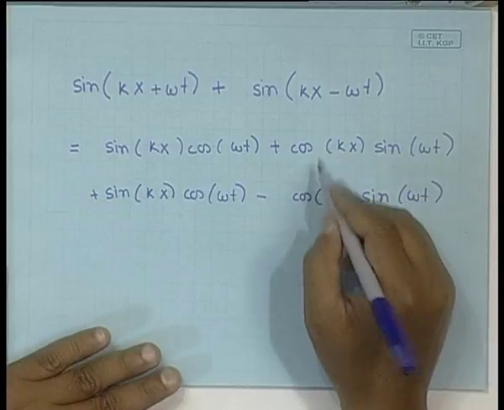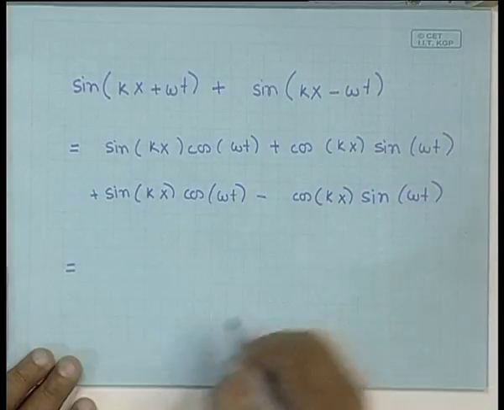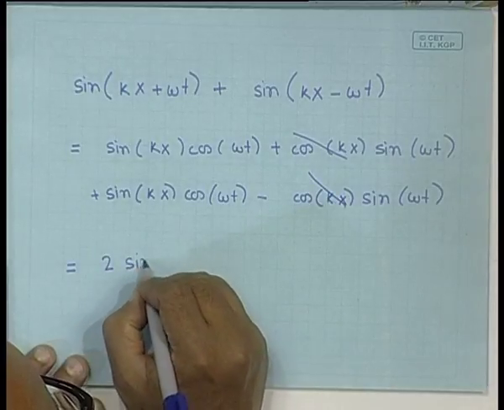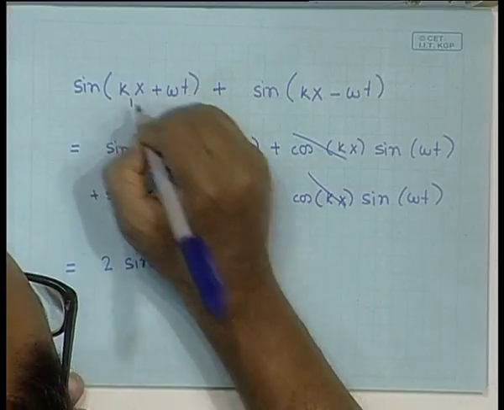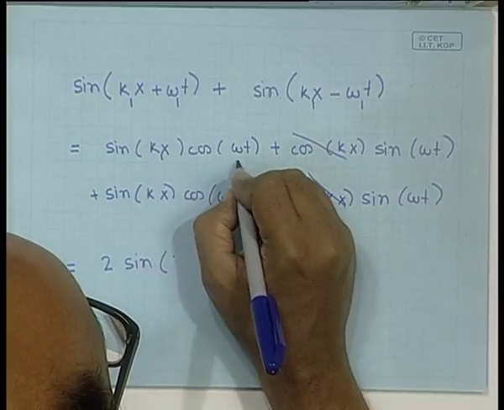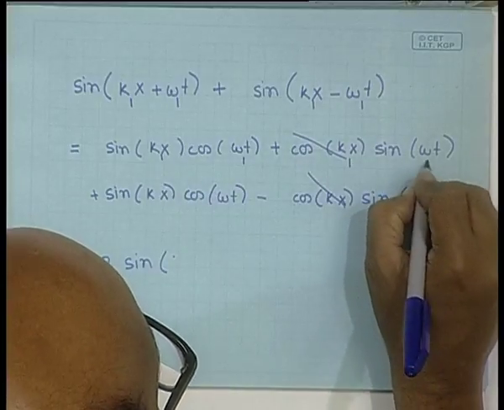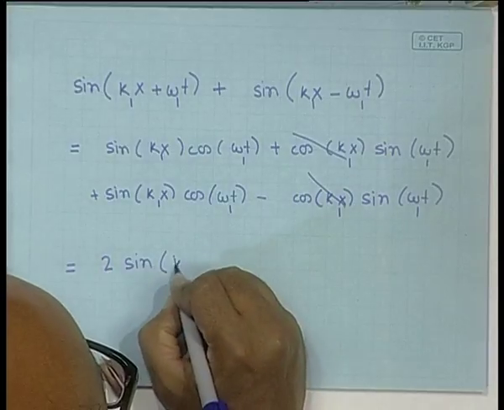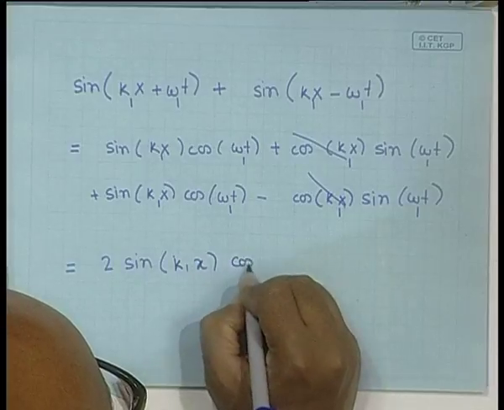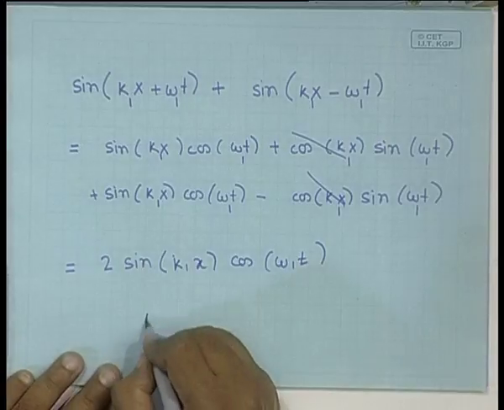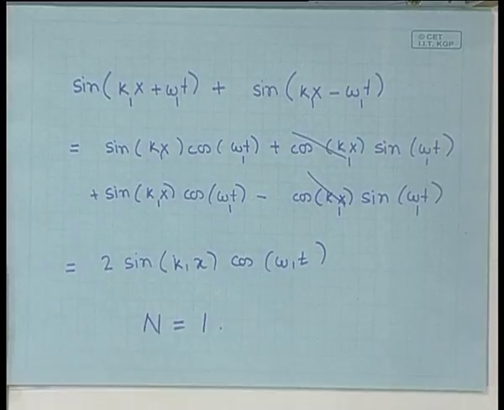So, what we see is that when I superpose these two, the cos kx sin omega t terms cancel out, and what we have is 2 sin k1 x cos omega 1 t. So, finally, this gives you sin k1 x cos omega 1 t, which you see is the standing wave corresponding to n equal to 1, the first harmonic, the fundamental mode of vibration.